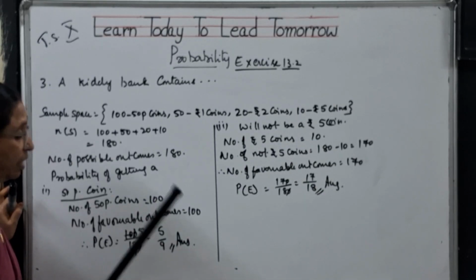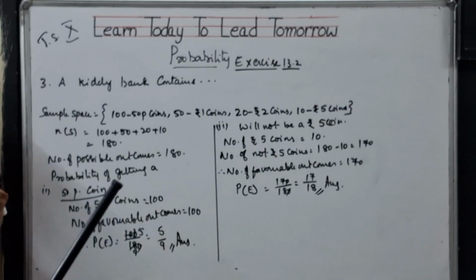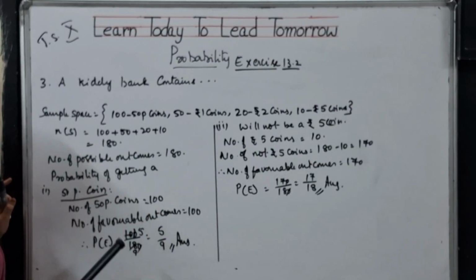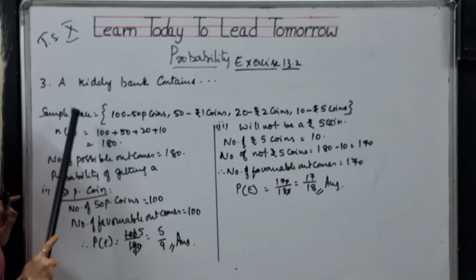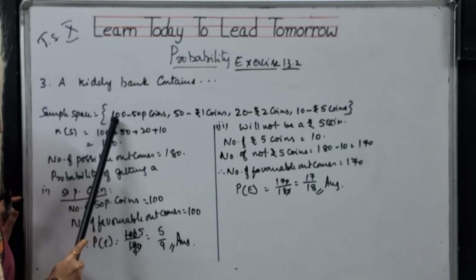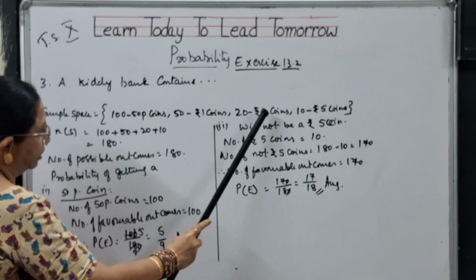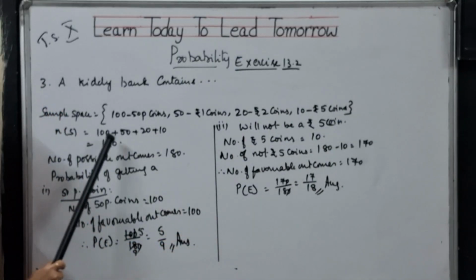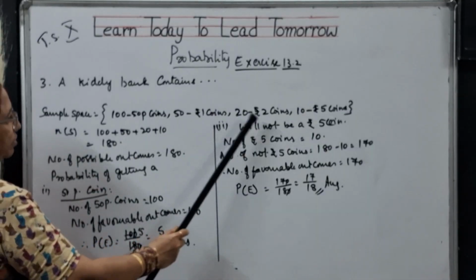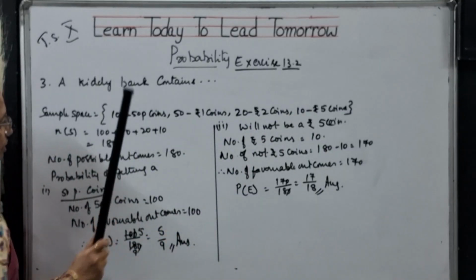There are equal chances of getting any one coin out. So what is the probability that it might be a 50 paisa coin? So first let us find out what is the sample space. How many 50 paisa, 100 50 paisas are there? 50 1 rupee coins are there. 20 2 rupees coins are there. 10 5 rupees coins are there. So N of S is 100 plus 50 plus 20 plus 10, that is 180. Number of possible outcomes are 180.